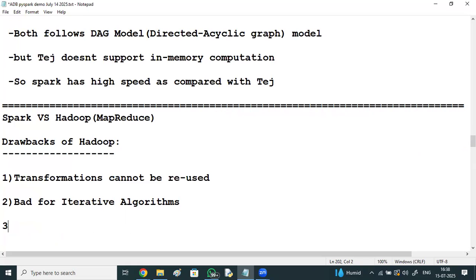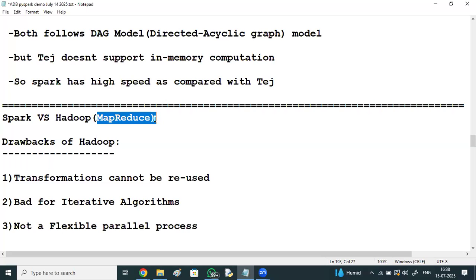Not a flexible parallel process. Why is it not a flexible parallel process? It has MapReduce execution: mapper phase, reducer phase. One after the other they need to execute, but they cannot execute in parallel. First the mapper phase should execute, next comes the reducer phase, and the reducer phase output will be collected.